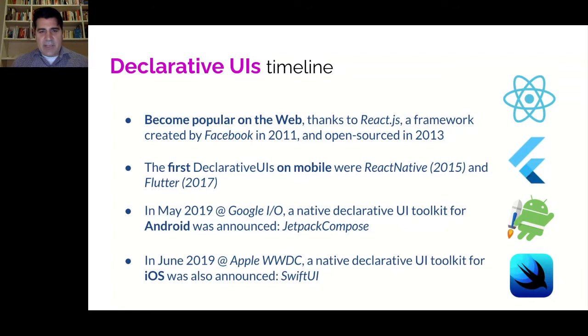Here it's very interesting to notice that while Google introduced Jetpack Compose as an experimental UI toolkit, Apple in June 2019 presented it as version 1.0. And we believe that it was not really 1.0, because the first version of SwiftUI had quite a lot of problems, which luckily have been fixed in version 2.0, released a year later.